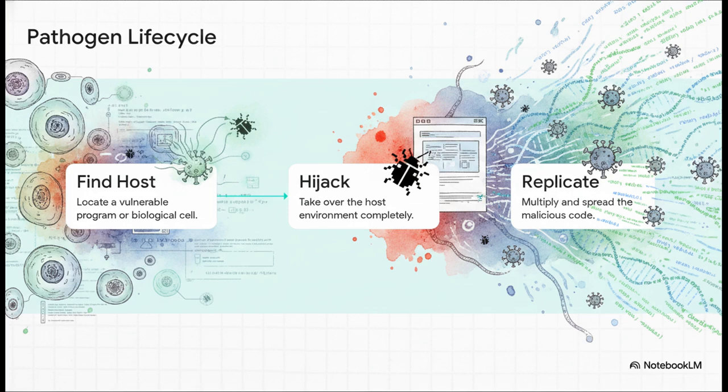A piece of malware cannot simply run in a vacuum. It literally has to inject itself into a legitimate, running process on your machine. Once it hijacks that host architecture, it forces the legitimate program to stop doing its normal, everyday job and starts making it replicate the malware's instructions instead. It completely subverts the host's original purpose.